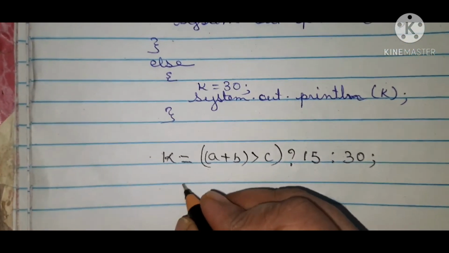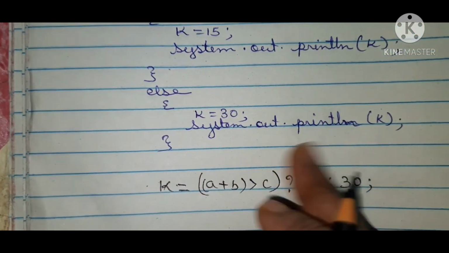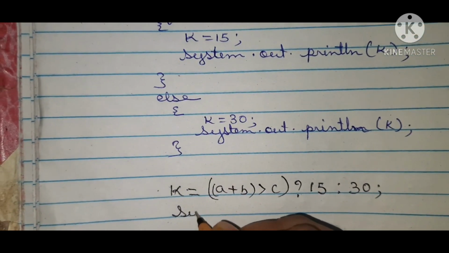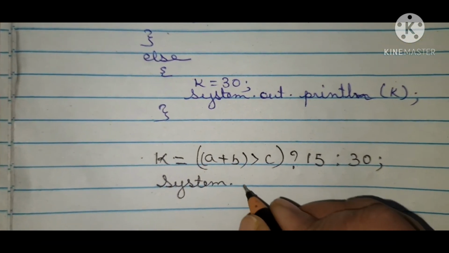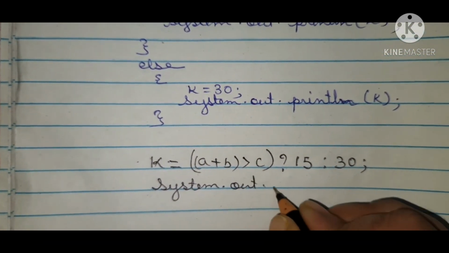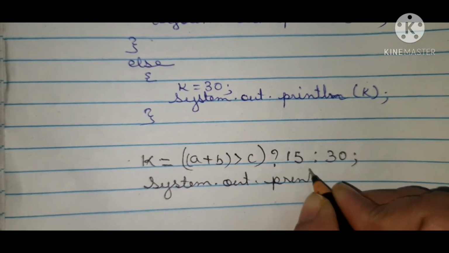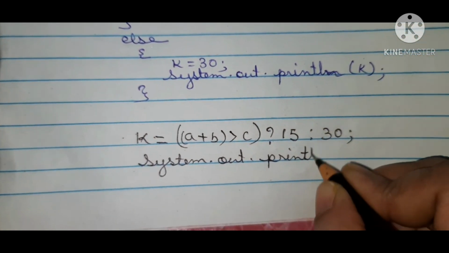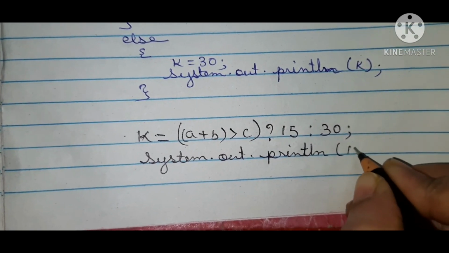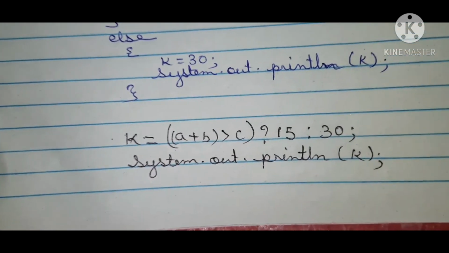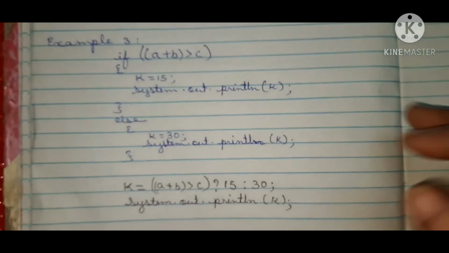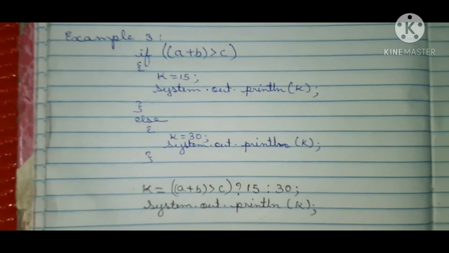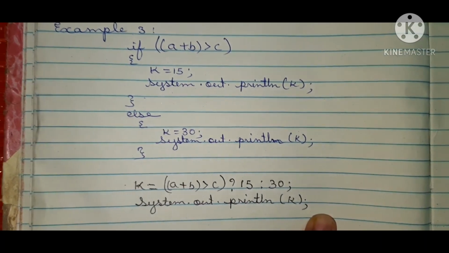After giving this, we have to give the display, because the display is there in both parts. So System.out.println(k). In this way we can convert the if-else statement to the ternary operator.